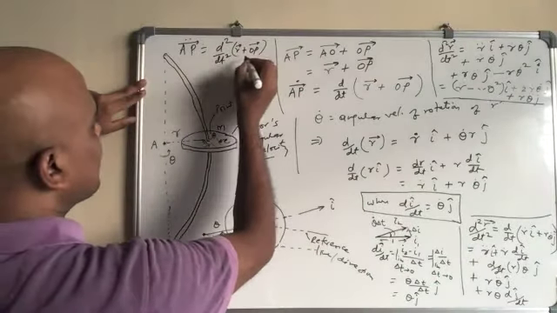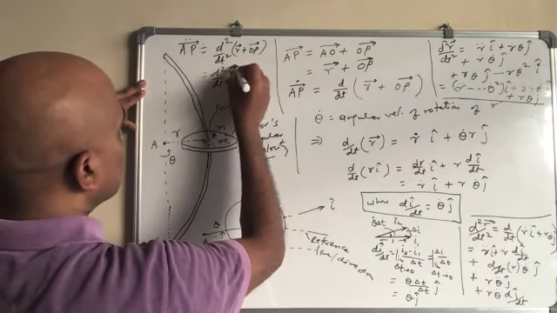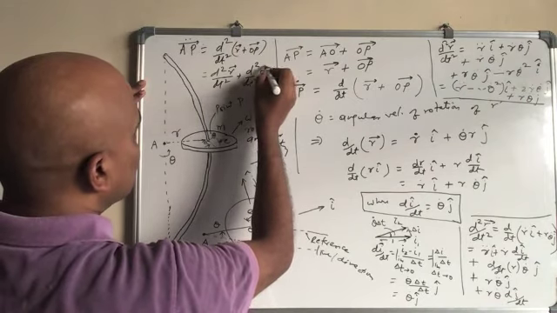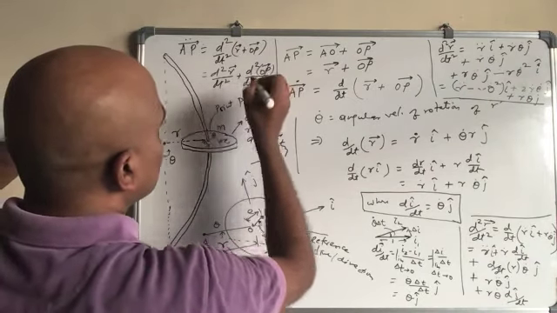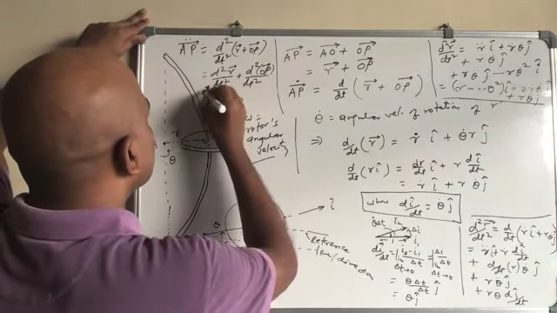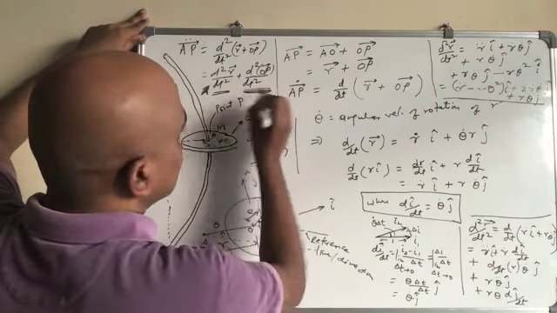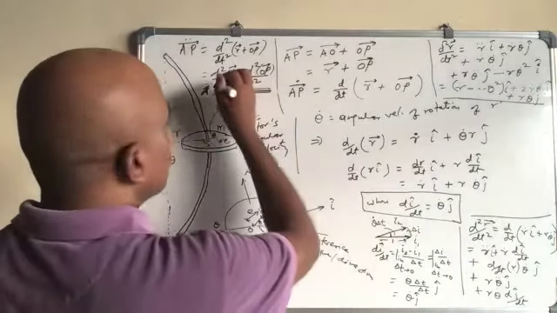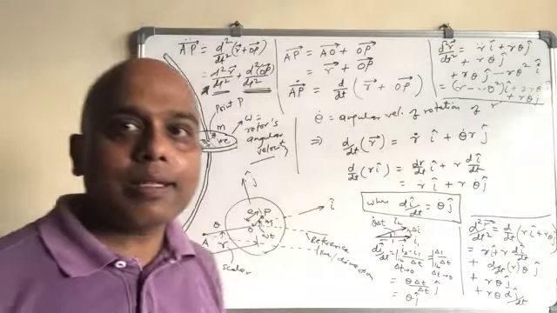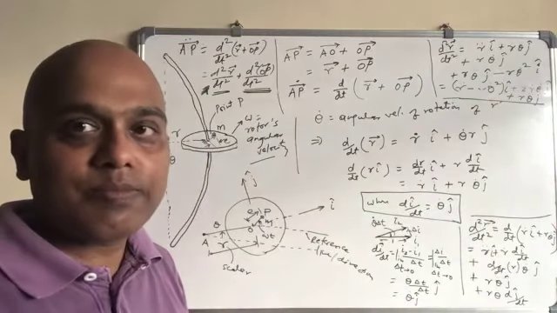Now next we have to find out d square by dt square of OP. So far we found this one, now we have to find out this one, and then we will do more analysis the next time.